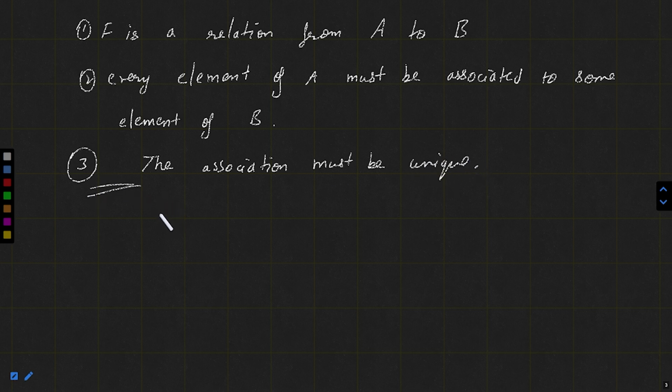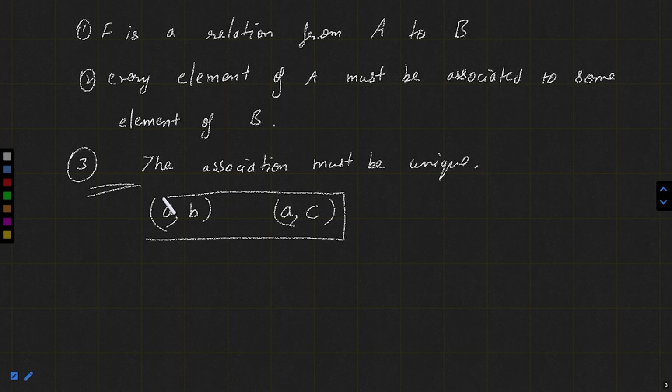It means if A is associated to some element B, and A is also associated to some other element C, this cannot happen because the association is not unique. A is related to B and also to C. Functions strictly prohibit such things.